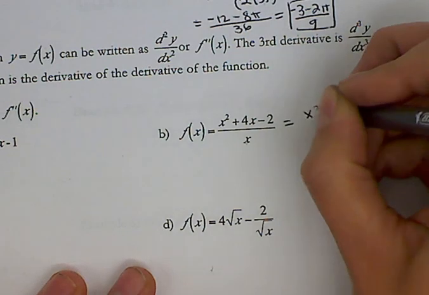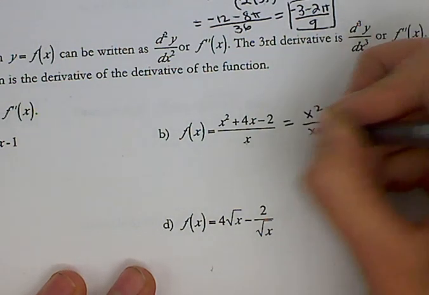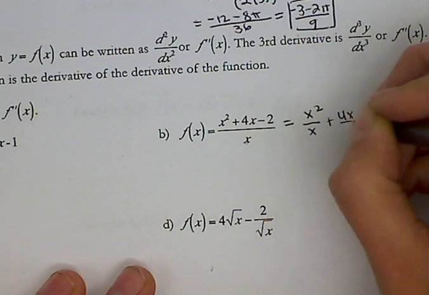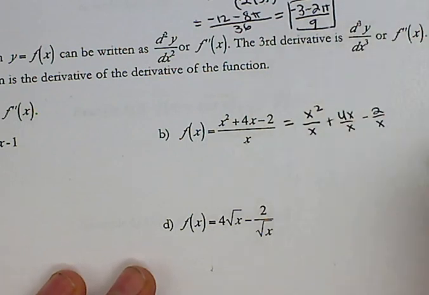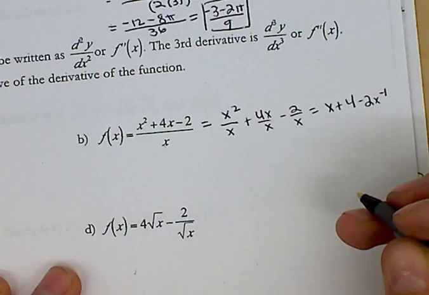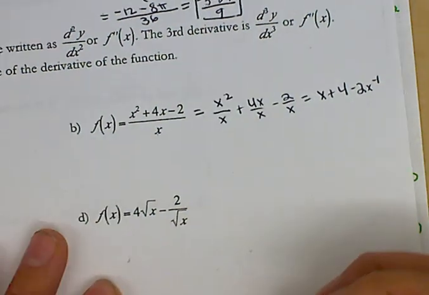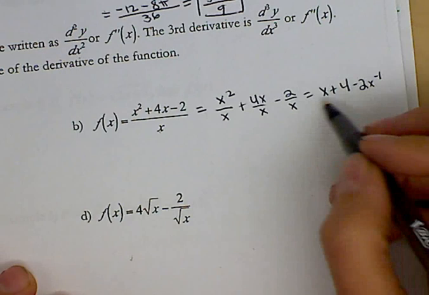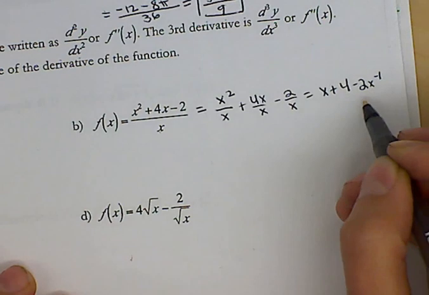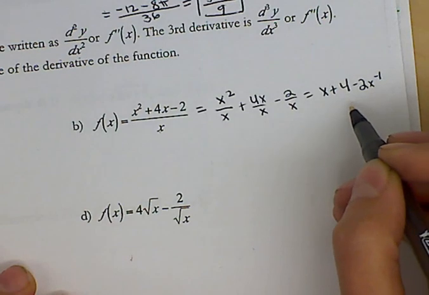So x squared over x plus 4x over x minus 2 over x equals x plus 4 minus 2x to the negative 1. Okay, so I just rewrote f of x. And now, to find the derivative of this thing, I'm just going to use the power rule on each of these things.